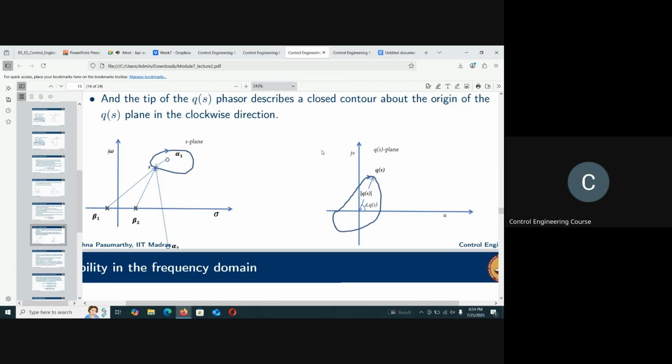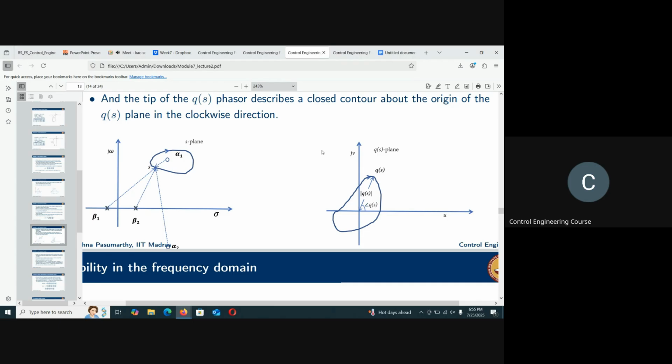Got it? The fundamental premise is this. Q of S has a bunch of S minus alphas and S minus betas. As S completes full circuits around alpha, the S minus alpha completes a full circuit around the origin, because putting S equal to alpha makes Q of S zero, the origin.